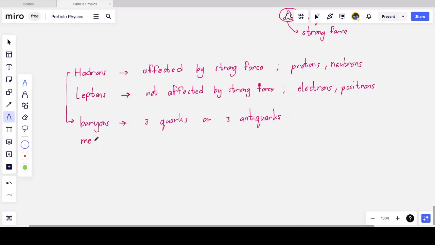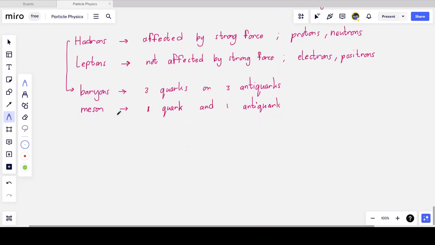If it isn't a baryon, then it's a meson. And mesons are slightly different. Mesons are composed of 1 quark and 1 antiquark. So we can see that protons and neutrons are baryons.